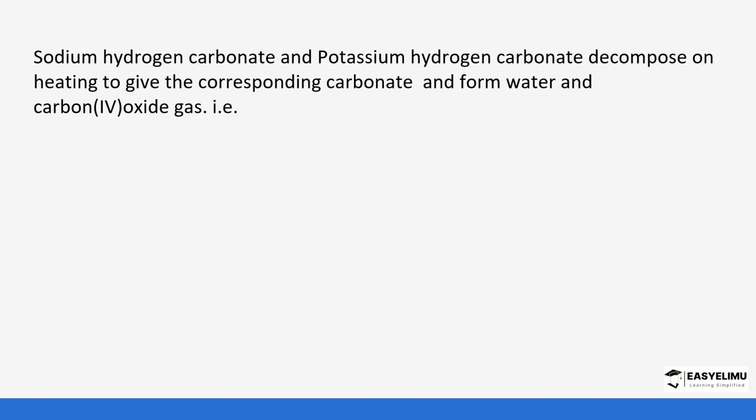When you come to the hydrogen carbonates, sodium hydrogen carbonate and potassium hydrogen carbonate are usually decomposed to give their corresponding carbonates, water and carbon 4 oxide. For example, if we heat sodium hydrogen carbonate, we are going to form sodium carbonate plus carbon 4 oxide and water.